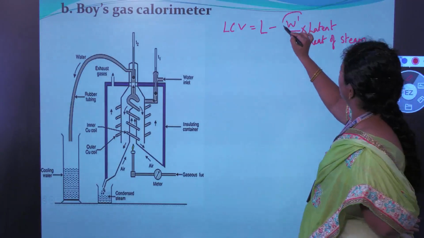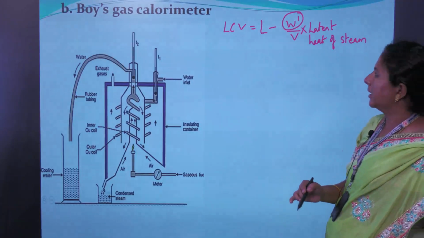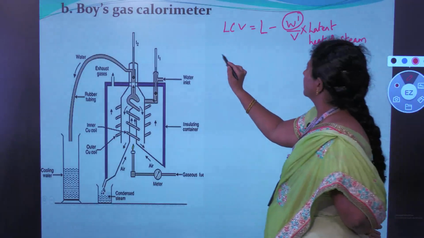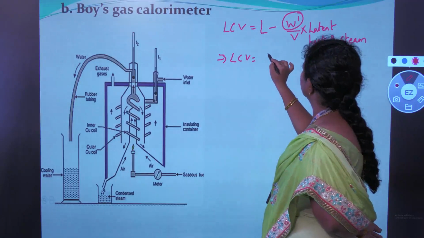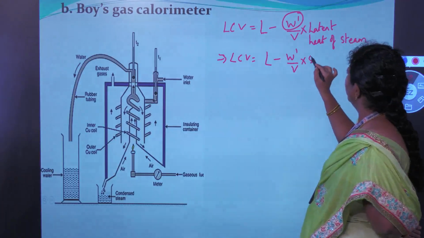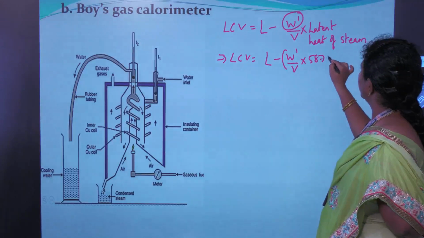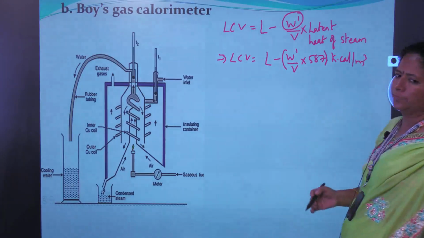Here W dash is the weight of water that has been condensed. Implies LCV is equal to L minus W dash by V into 587 kilocalorie per meter cube.